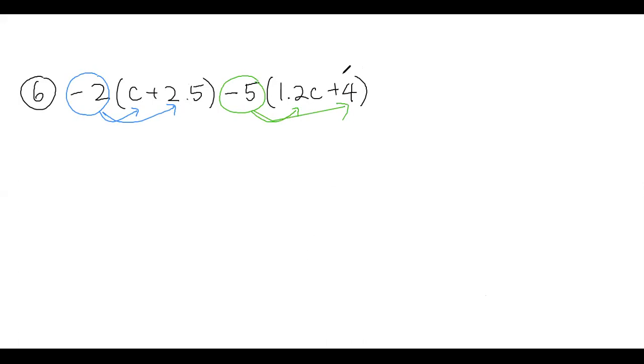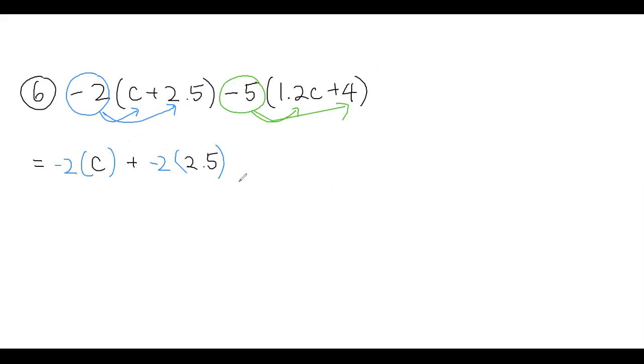So that's going to get me C plus 2.5. I want everything in that group. And I want 2 negatives of them. And then on the right, remember, -5 is the same thing as adding its opposite.